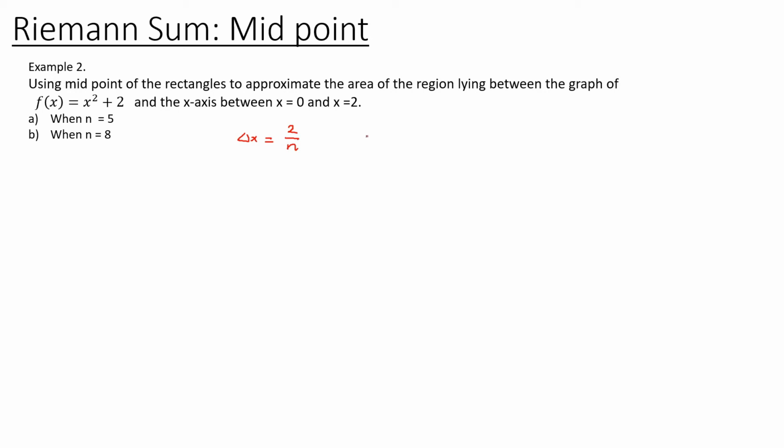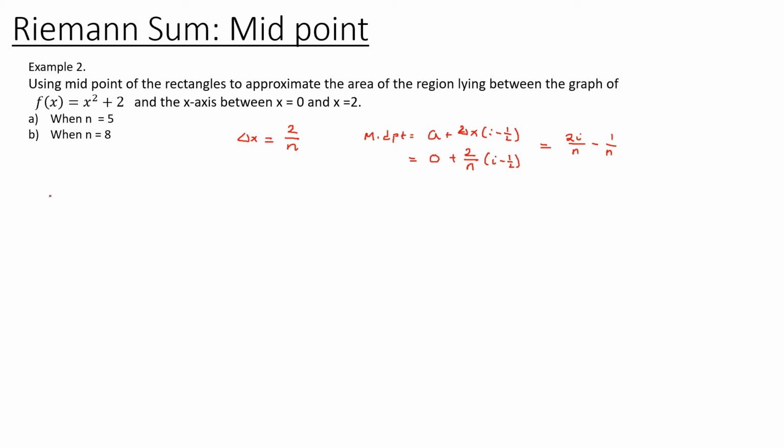And since we're using the midpoint, it'll be a plus delta x times i minus 1/2. A in this case was 0, delta x was 2 over n, times i minus 1/2. So our sequence comes out to be 2i over n minus 1 over n, which you could think of as 2i minus 1 over n.